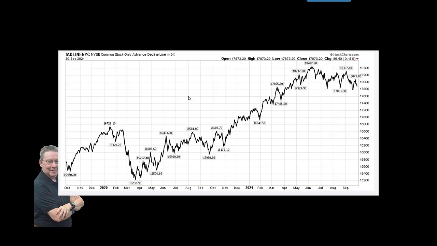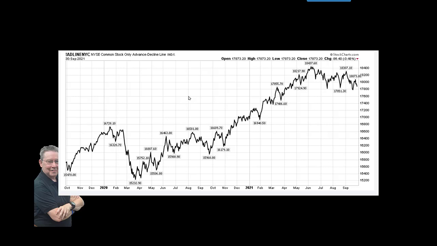And so the normal advanced decline line that everybody refers to is bogus. It's not telling you anything, because sometimes if the stock market goes down, bond funds will go up, and therefore they offset the true nature of what's really going on in the stock market. They're bogus, and yet everybody talks about them.